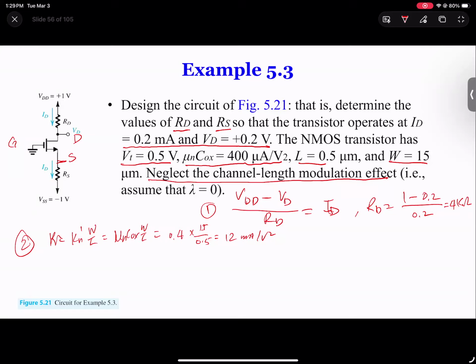In this case, we only know the current but not every voltage, so we have to determine whether it's in saturation or triode.